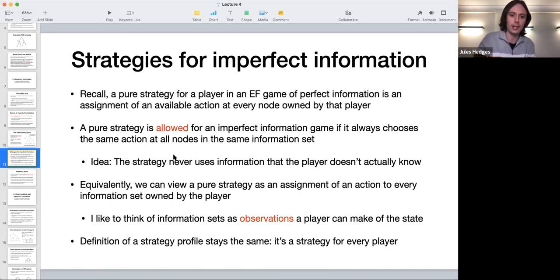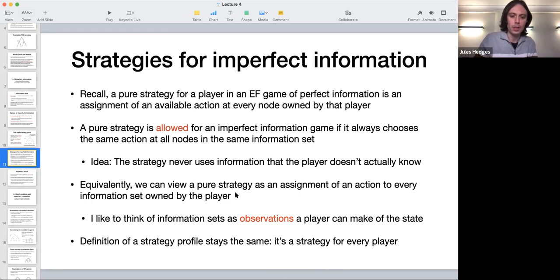So the idea is that the strategy is not actually using any information that the player doesn't know. And we can equivalently define this. We can say that a strategy is going to be an assignment of an action to every information set that's owned by that player. And by an information set owned by that player, I mean an information set whose nodes are all owned by that player.